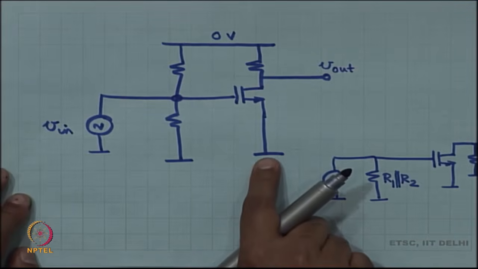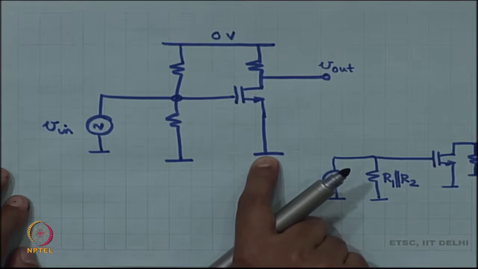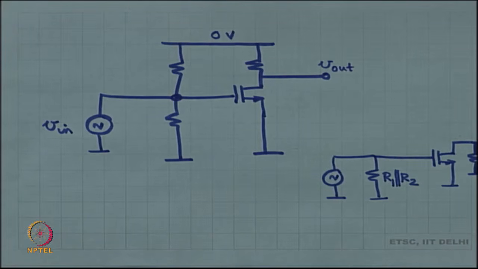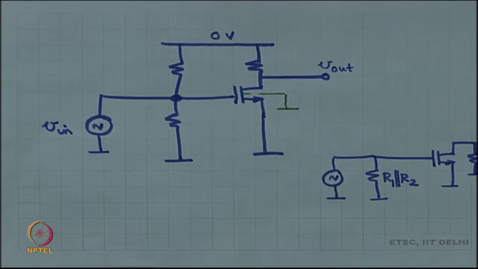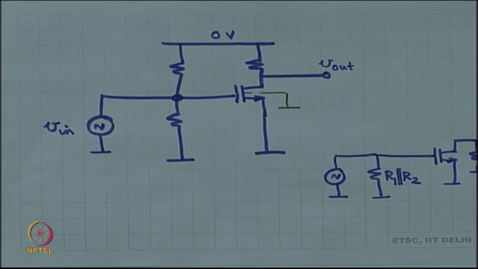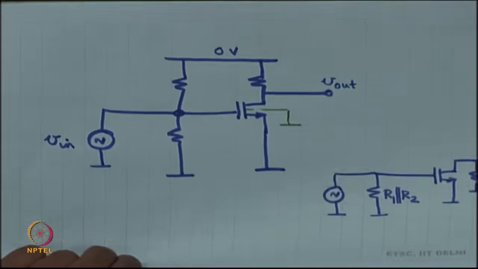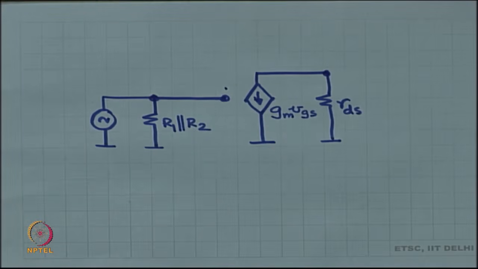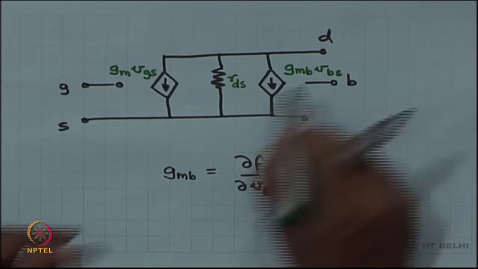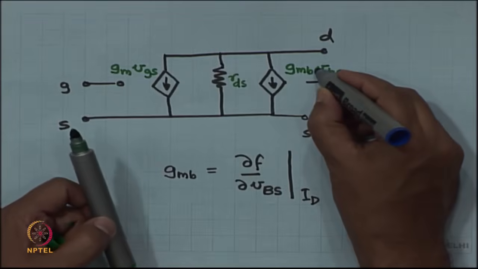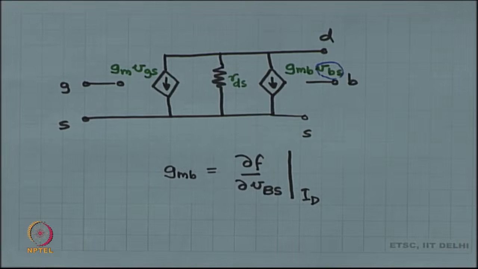Now, notice that the source terminal is at ground and the body terminal is always at signal ground, which means that the source to body voltage is not changing at all, which means that GMB times VBS is 0, because body is not changing, source is not changing.